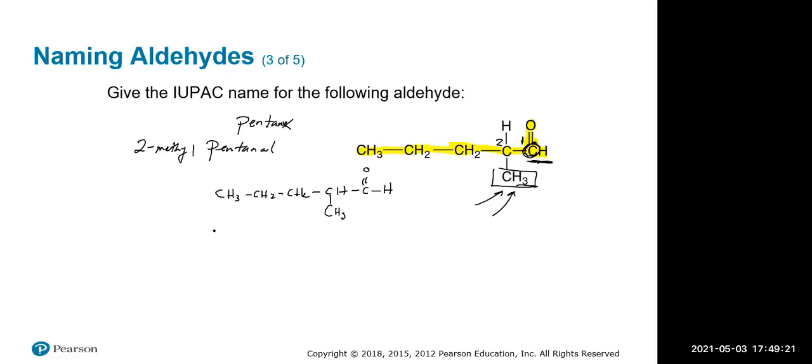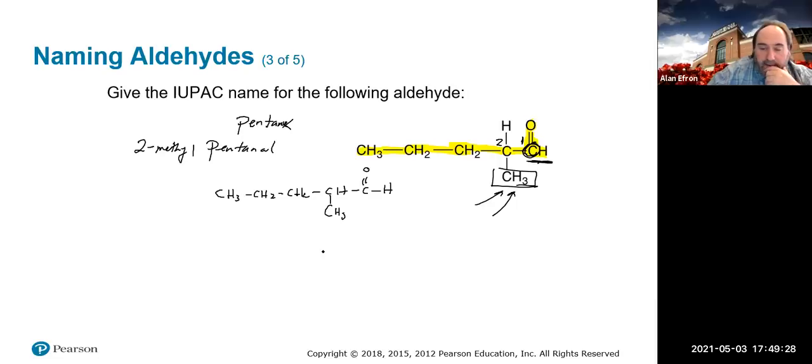Other questions? Okay, and again, in terms of line structure here, we would be looking at something that looks like this. We got 5, 1, 2, 3, 4, and 5. It looks probably something like this here.